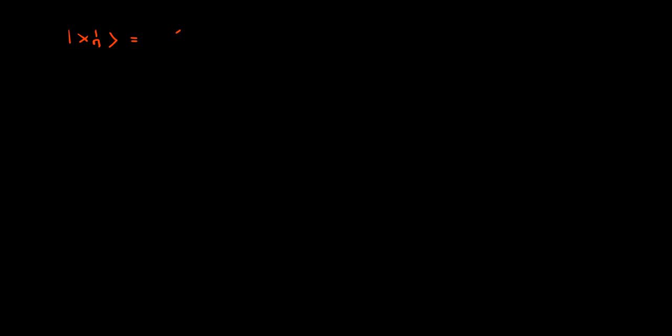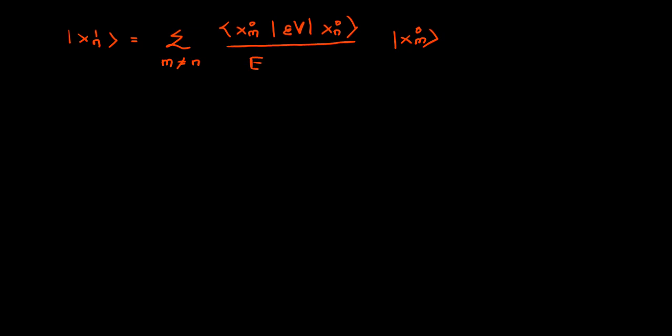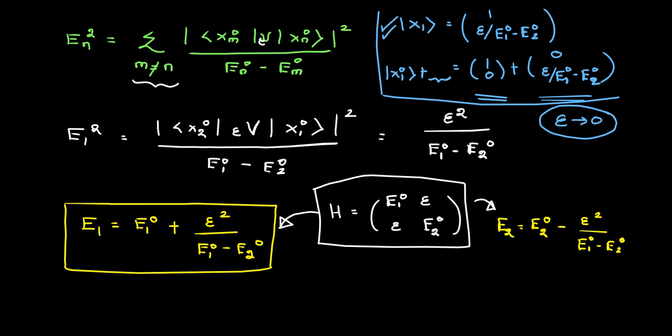Summation over m not equal to n, <x_m^0| epsilon v |x_n^0>, and then there is a state |x_m^0>, divided by E_n^0 minus E_m^0. It's very easy to do the calculation and find out that this is actually this.